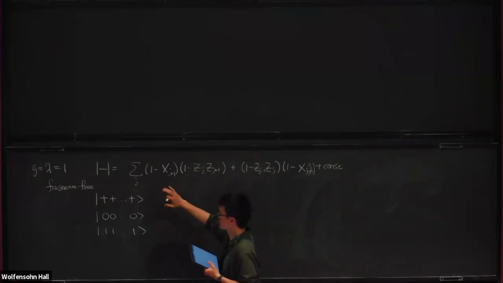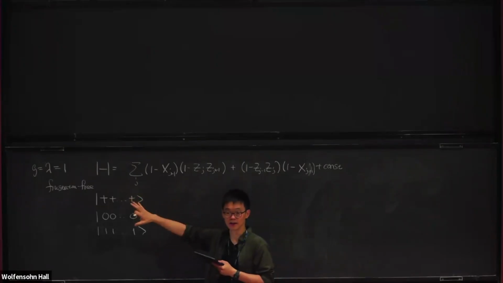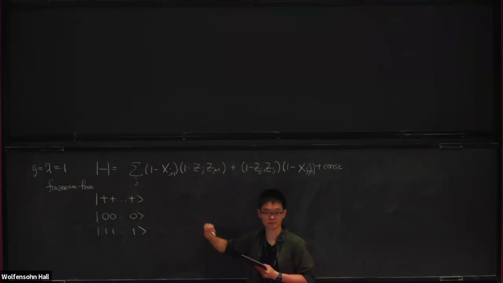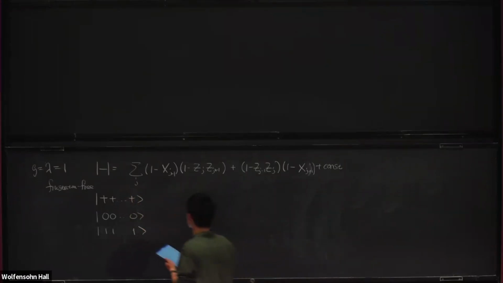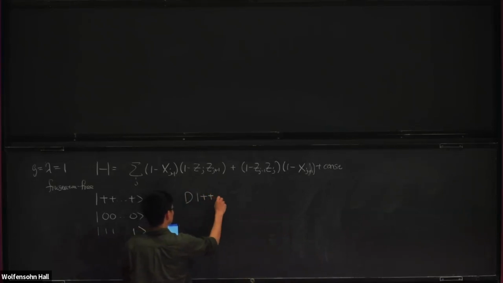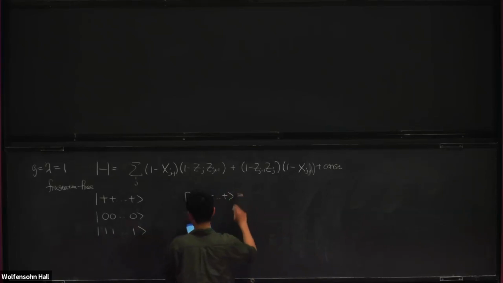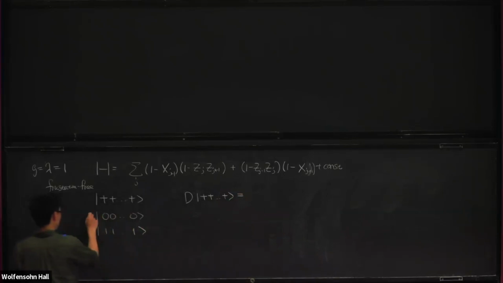And now we can discuss how the operator D acts on this ground state. If you have D and you act on plus plus, this will give you, let me make sure I get all the factors straight. You should think about this 2 as coming from the ordered phase, and this comes from the disordered phase.